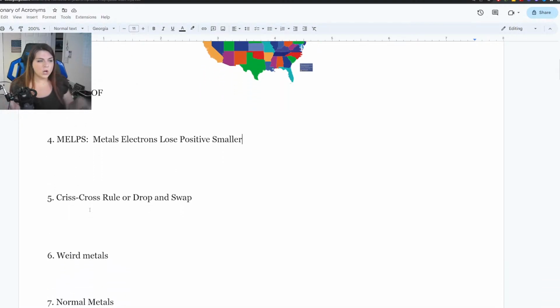Then we have the crisscross rule. Some people call it drop and swap, and that's when you're doing ionic bonding. The weird metals are the transition metals. And they're just weird because we can't predict what their charge is very easily. And they are going to need Roman numerals when you name them.